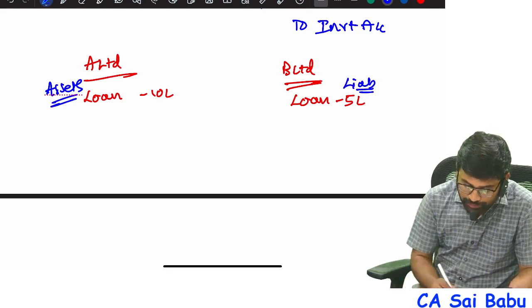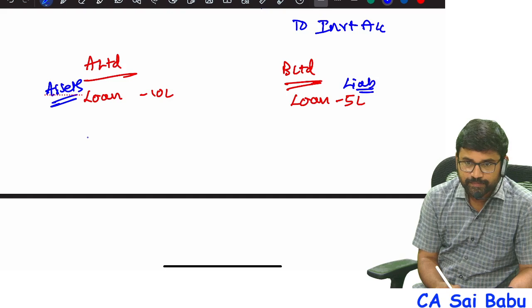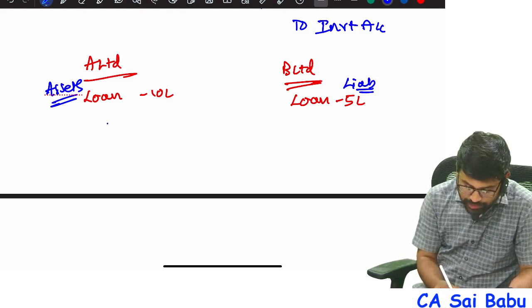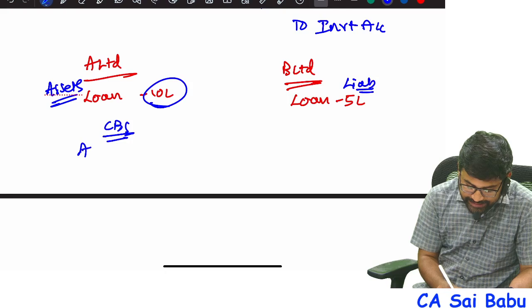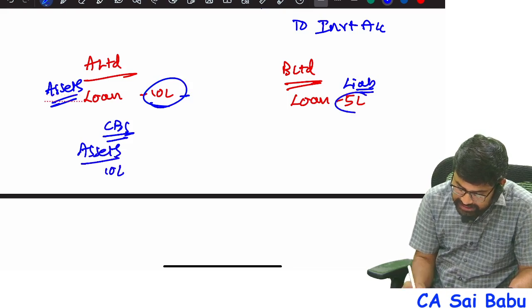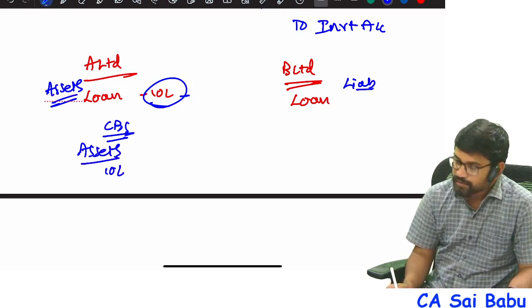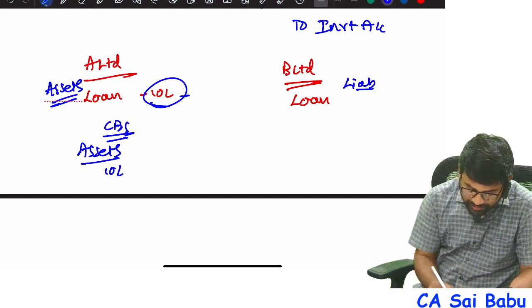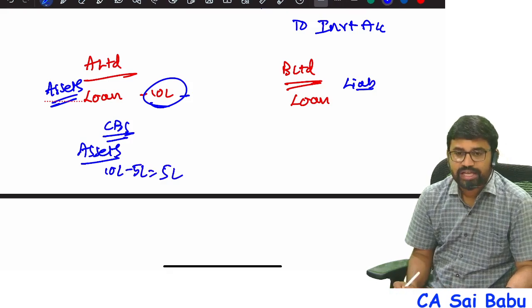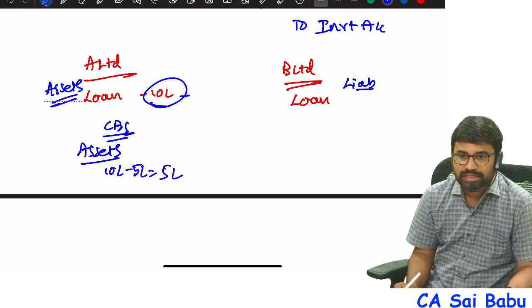Now, you are preparing consolidated balance sheet. Parent company loan, asset, how much? 10 lakhs, right? In this 10 lakhs, 5 lakhs is given to B Limited only. Therefore, I will deduct 5 lakhs. So only the remaining 5 lakhs will be shown in the consolidated balance sheet.